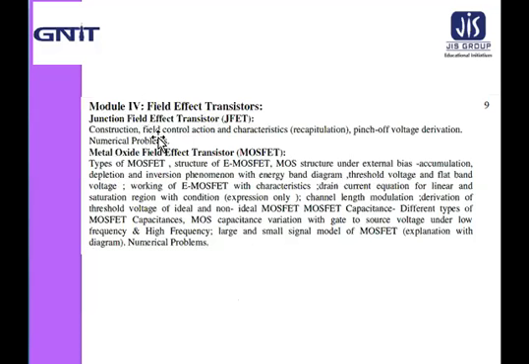Two main topics are junction field effect transistor and metal oxide field effect transistor. Under JFET there was construction, field control action, characteristics, pinch off voltage derivation, and some numerical problems, which I have already discussed in previous lectures.